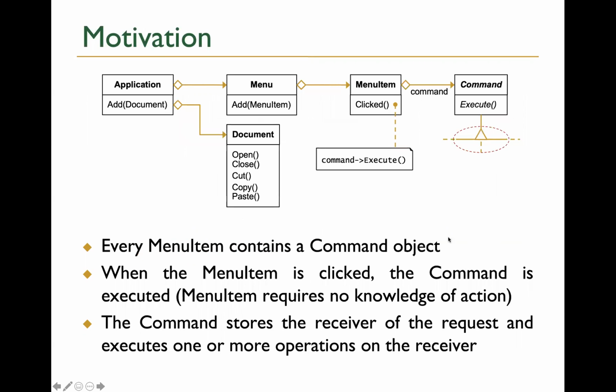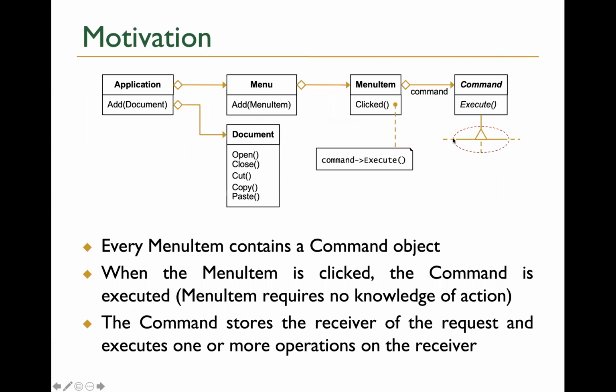Here's one example. Think about a UI application that deals with documentation. You can open the documentation, close it, cut, copy and paste. Every time a user clicks on a menu item to do open, close, or cut, you need to run some kind of command, call some kind of function.